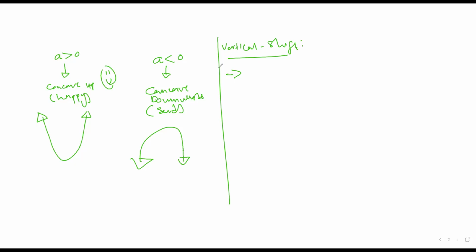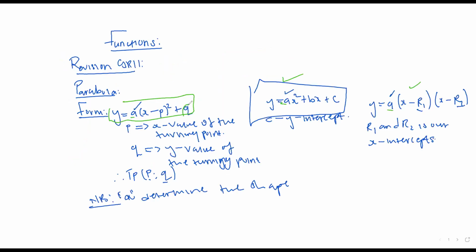Our vertical shift of the graph is controlled by q and c. So always this q comes from this formula, and that c comes from this formula.